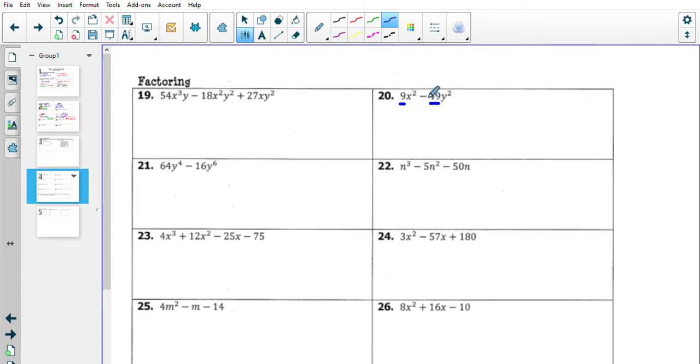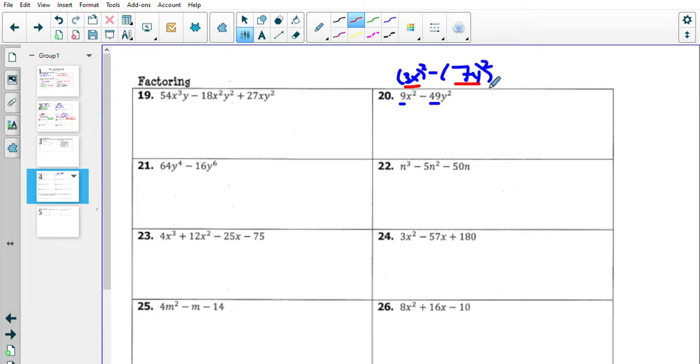So remember, 2 terms. We ask ourselves, is there a subtraction sign? Which there is. And then we say, okay, well, what do I square to get 9x squared? Well, I'm squaring a 3x. And then, what do I square to get 49y squared? A 7y. So we have the 2 things we need. We have the 3x, we have the 7y.